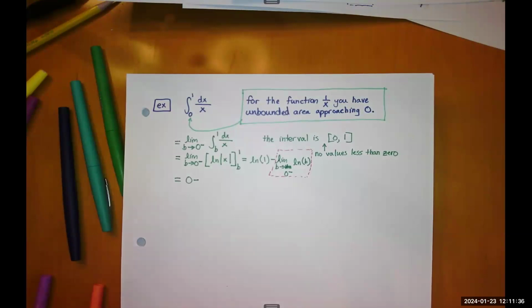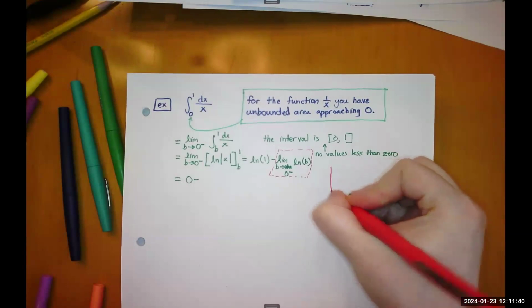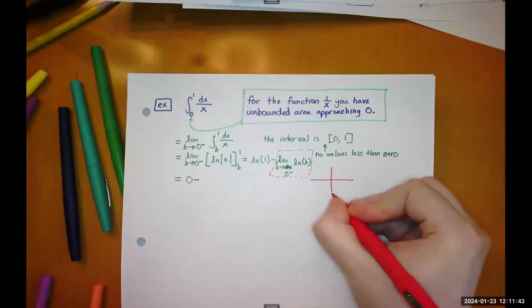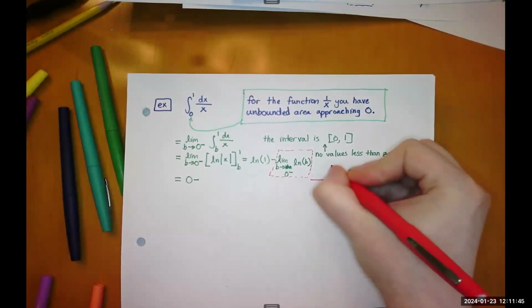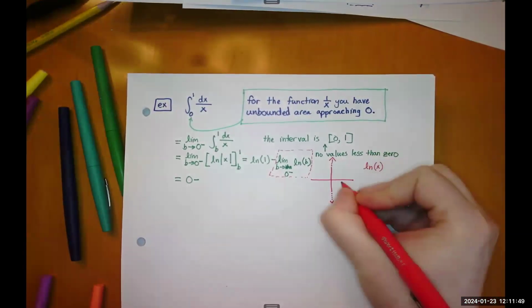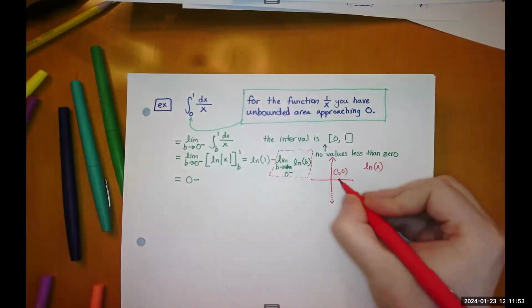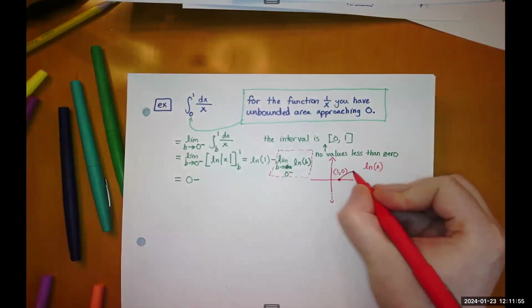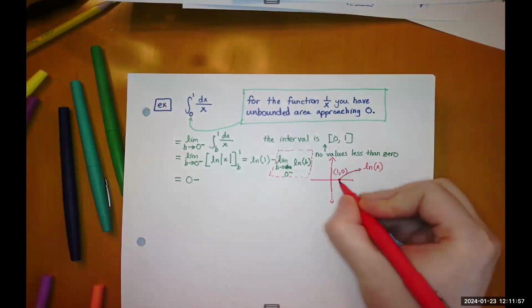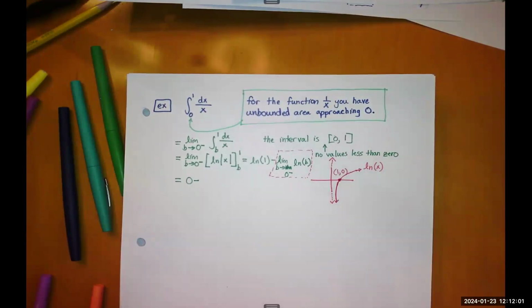As I've illustrated for some other problems, it is beneficial to think about some common graphs. In this case, the natural log function graph. If we have the natural log function graph, it does allow us to consider the behavior of this function as x approaches 0 from the right, excuse me.